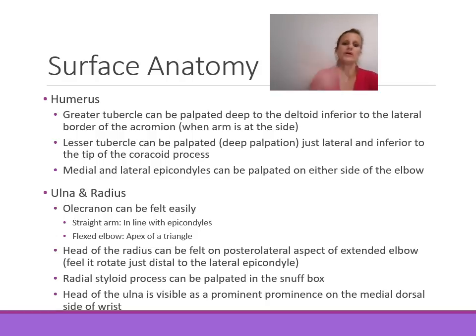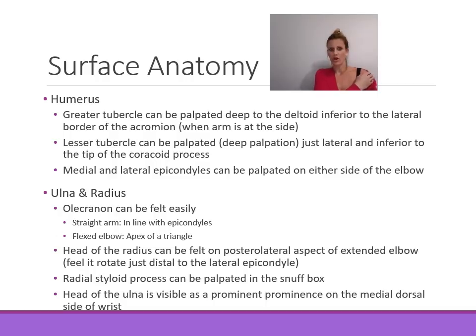The greater tubercle can be palpated just deep to the deltoid, and it's a little bit lateral and inferior to the acromion. So the acromion, remember, we felt right at the top of the shoulder right here. If you go just lateral and inferior to that, you can feel the greater tubercle. It's a larger and less angular protrusion.